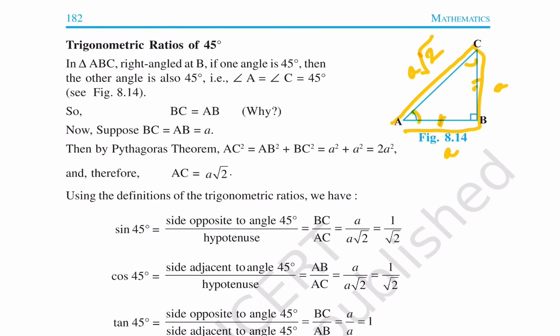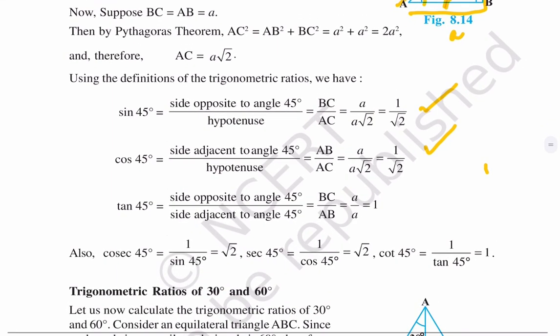Accordingly, you can find the values of sin 45, cos 45, tan 45: sin 45 is equal to 1 by square root 2, cos 45 is equal to 1 by square root 2, and tan 45 is equal to 1. So these are fixed values, and you should remember this.